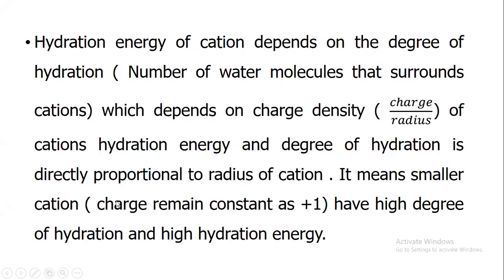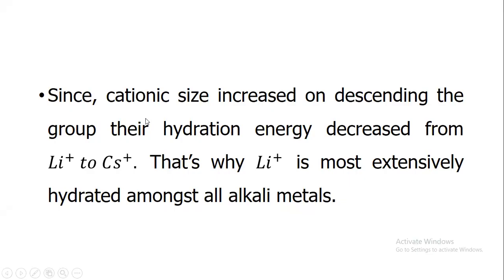It means the smaller the cation, with charge remaining constant at plus one, the higher the degree of hydration and hydration energy. Since cationic size increases on descending the group, hydration energy decreases from lithium to cesium. That is why lithium is the most extensively hydrated among the alkali metals.